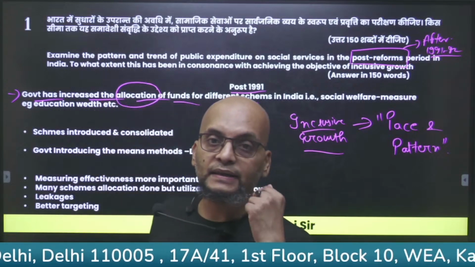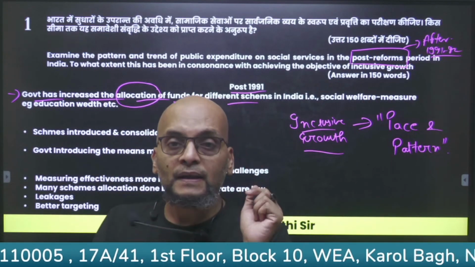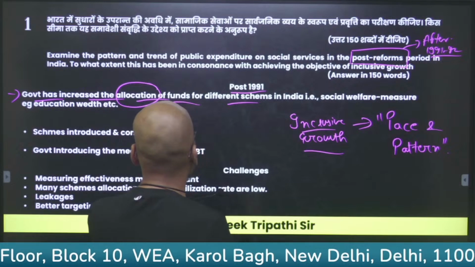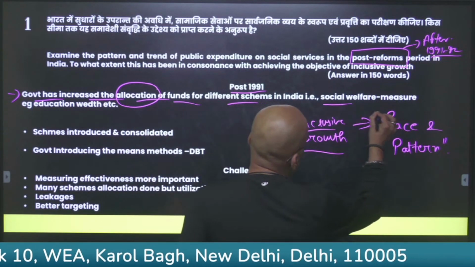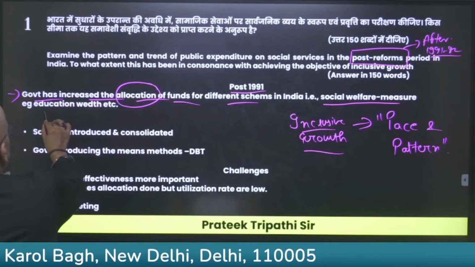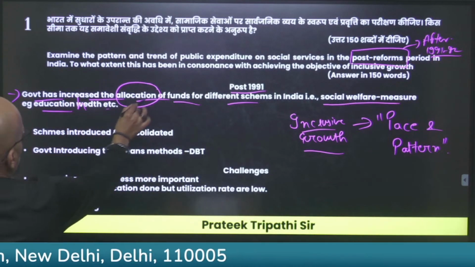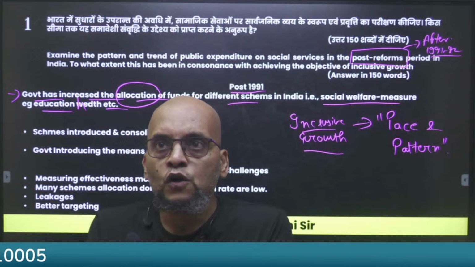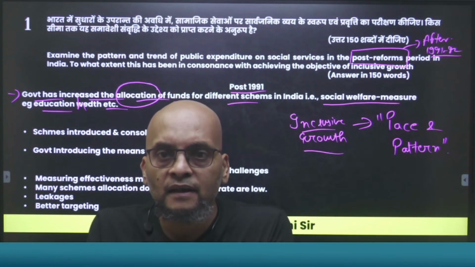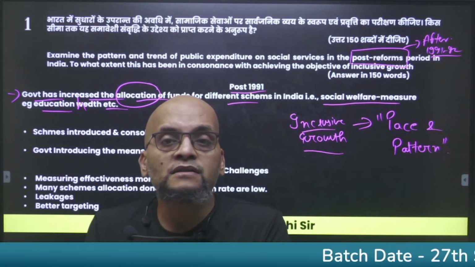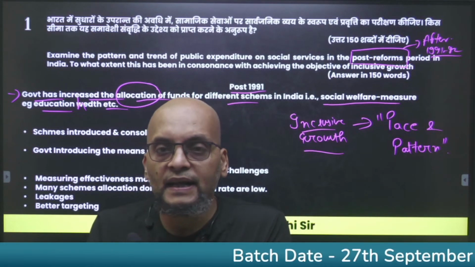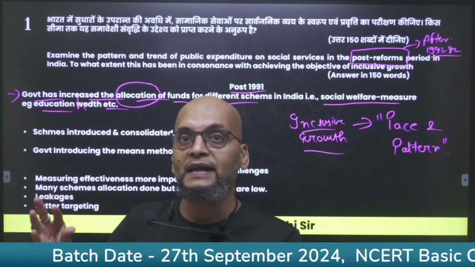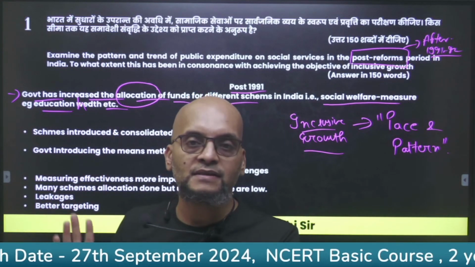One major step taken by government is that it has increased the allocation of funds for different schemes of social welfare, that is education, health, etc. Initially, before 1991-92, whatever fund government was allotting for these areas of education and health, after 1991-92, government has increased the allocation. That means government is spending more on these sectors. Clear? Okay.